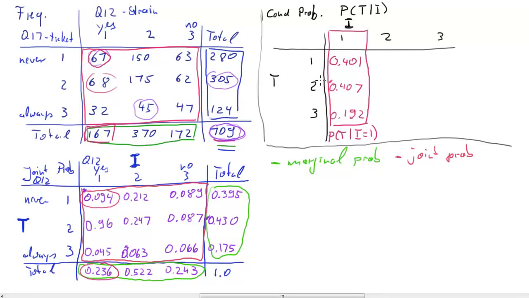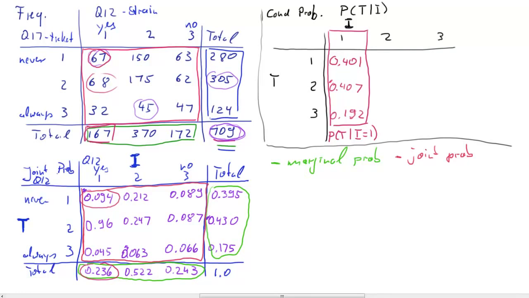So given we are asking students who think that the immigrants pose a strain on the welfare system, the probability that they think that dodging the fare is always justified is 0.192. So we can compare this perhaps to the marginal probability for t. We can see there are certainly no dramatic differences, roughly 0.4, 0.4, 0.2. This is how the probabilities split.